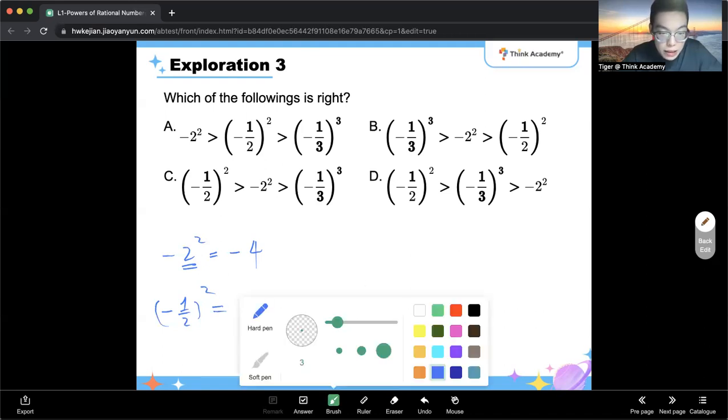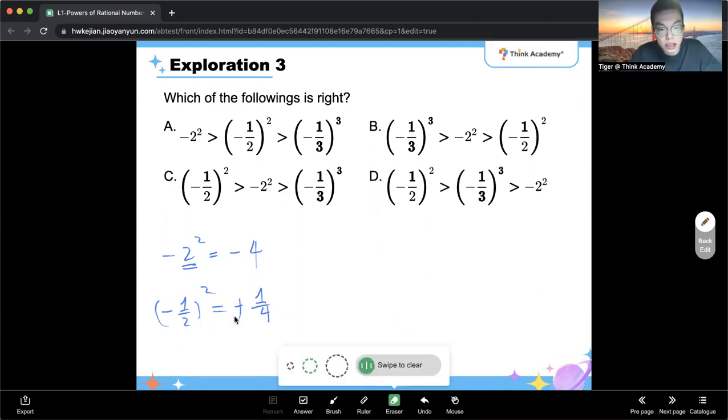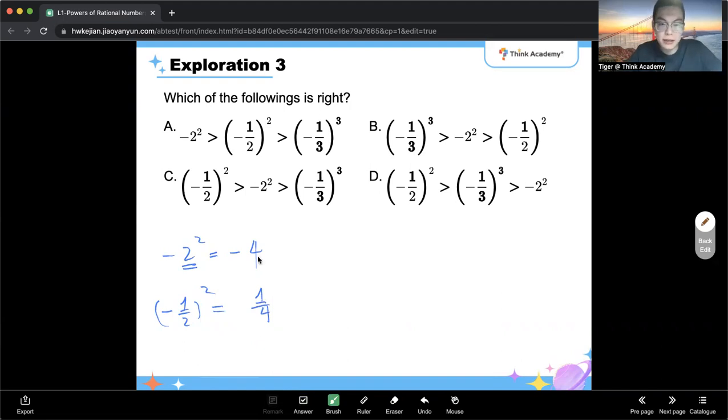Because this time the minus sign is included in the parentheses, the outcome is going to be positive. And then 1/2 squared is 1/4. That's going to be a positive 1/4, but we don't have to write the positive sign. And then what about the last one?